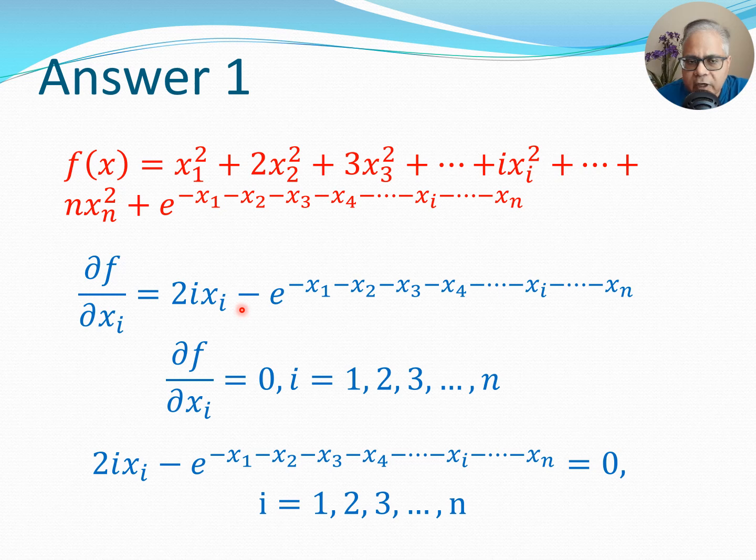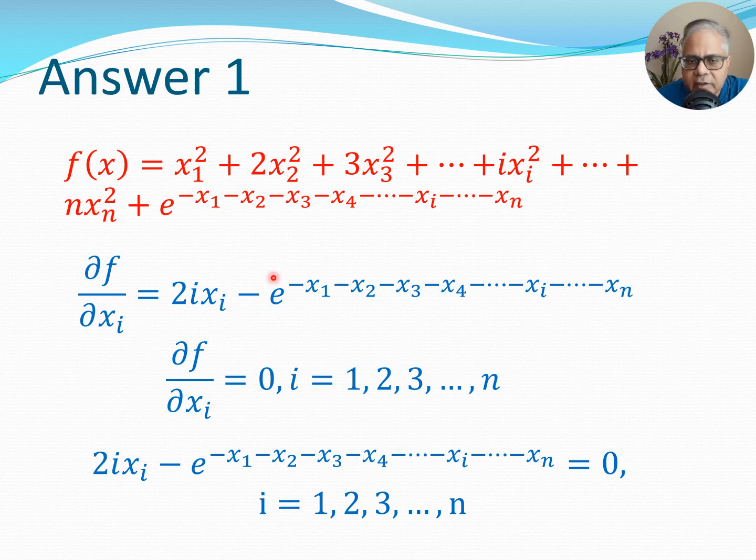And then of course you have a negative sign and the exponential expression, because what happens with differentiating the exponential expression with respect to xi is that you get the expression back, but then you differentiate this particular series here, minus x1 minus x2 minus x3 all the way to minus xn, with respect to xi, and that gives you a negative 1.